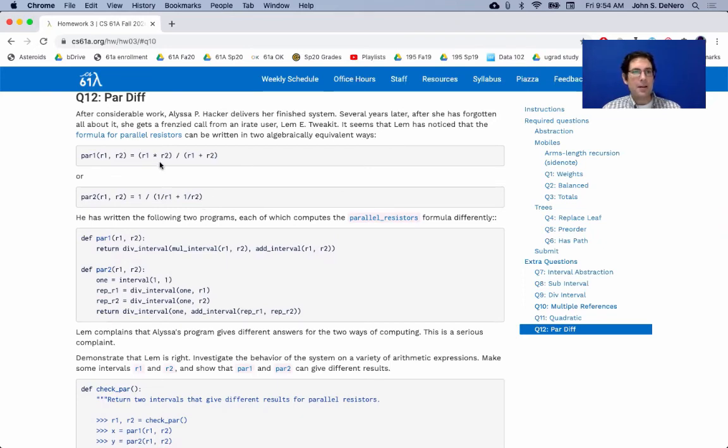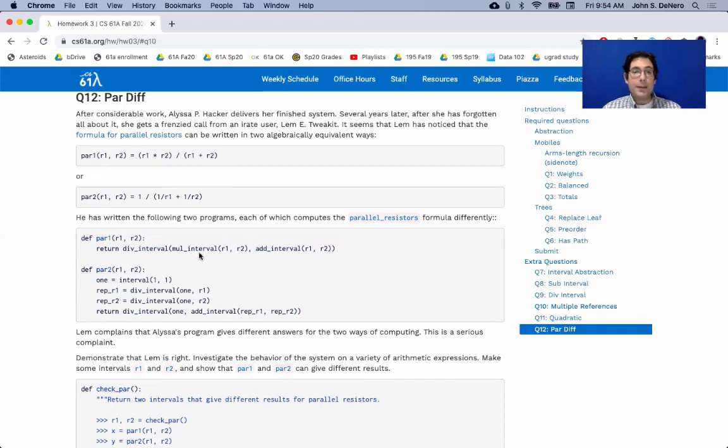Because if you write R1 times R2 divided by R1 plus R2, that's the same thing as writing 1 over (1 over R1 plus 1 over R2). Except that this refers to R1 twice, and this only refers to R1 once.